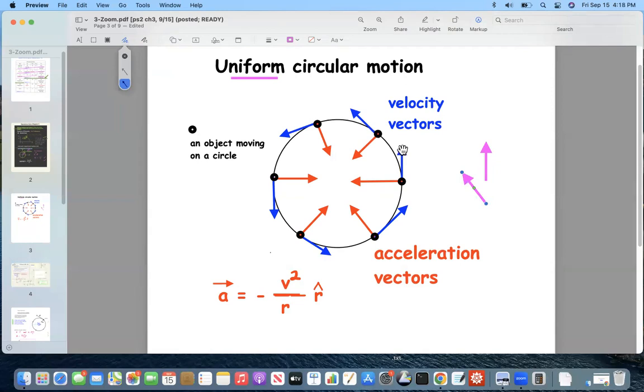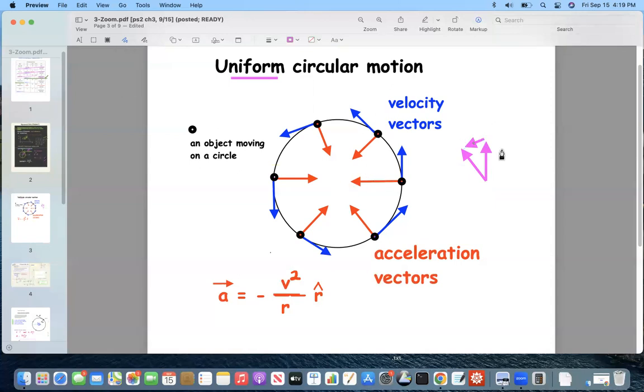So here's the velocity right now. Here's the velocity a little later. Now, if I compare these two vectors and I ask, how do the vectors change? Well, the change is in this direction. That's towards the center. If I move these two points very close together, then this acceleration vector will be right towards the center.